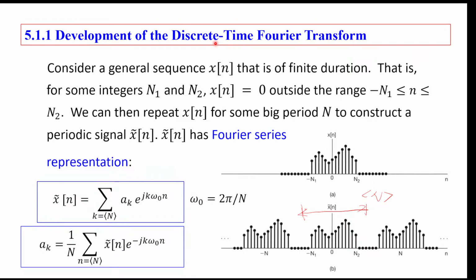The argument was that you look at those two signals, and as big N goes to infinity, the repeated parts go further and further away, and the signals look more and more like each other.